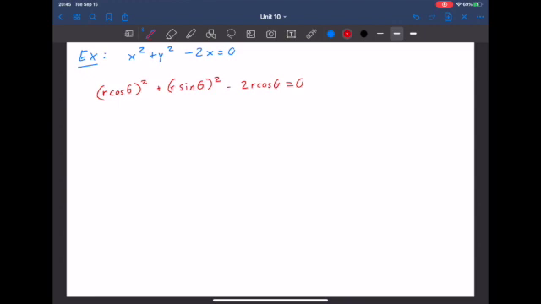Then what would you get? You'd have r squared cosine squared theta plus r squared sine squared theta minus 2r cosine theta. Then what? Then we could factor r squared out.